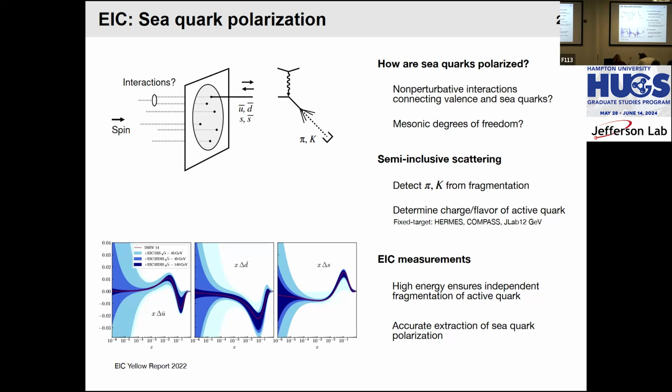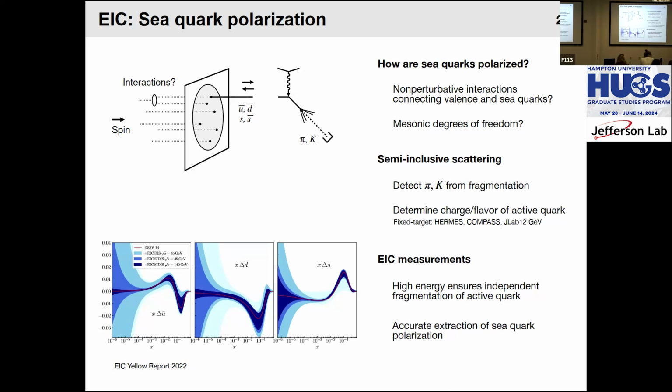And it's always a question to what extent this formalism is applicable there. With a scattering energy of several tens of GeV, we can really assume that the jet that is produced is in a very different rapidity region, and it really evolves separately from the target remnant.